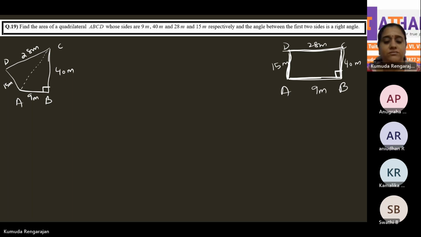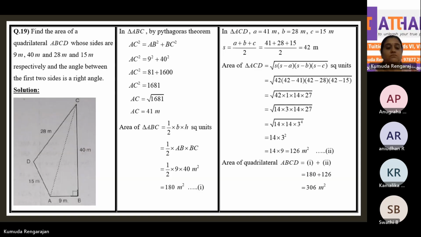All right. Very good, all three of you who've shared, Anirudhan, Kamalika, and Swati. Well done. Children, you can see the answer here.